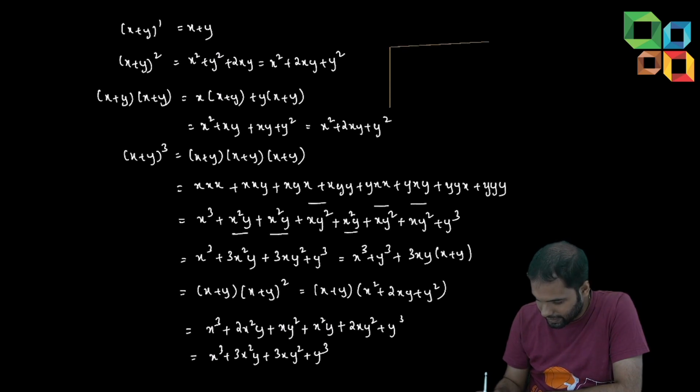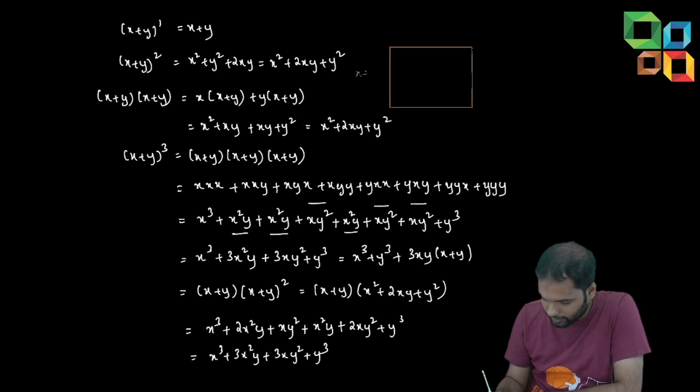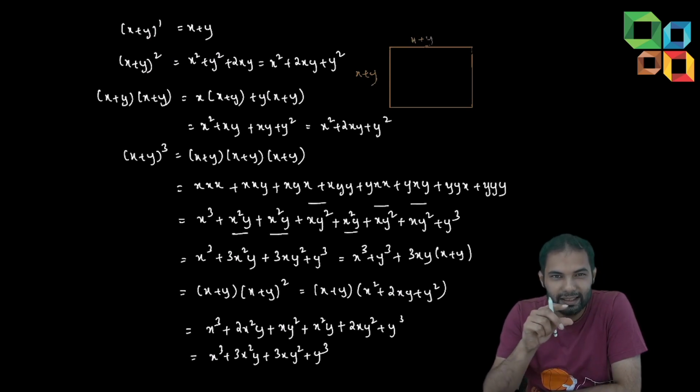Something like if this entire square is x plus y. So assuming this entire length is x plus y, what is this x plus y whole square? Nothing but the area of this, right? x plus y into x plus y. Now certainly x is smaller and y is smaller than x plus y.